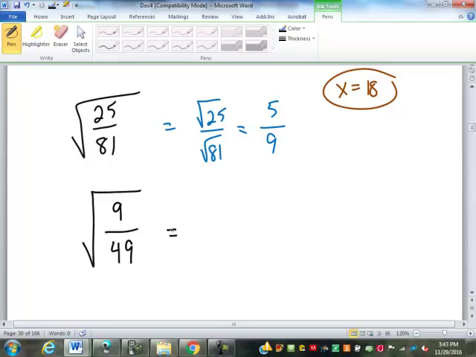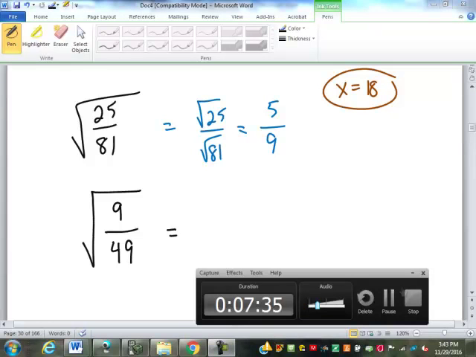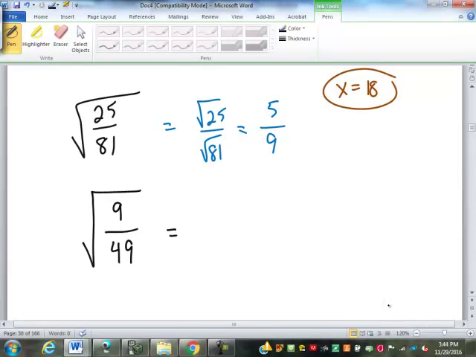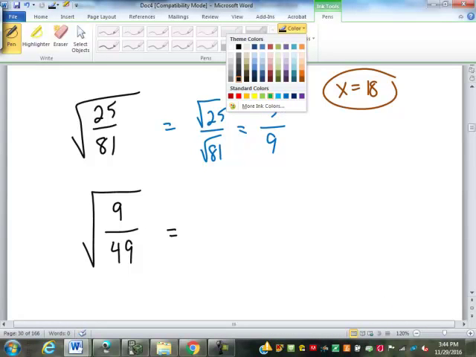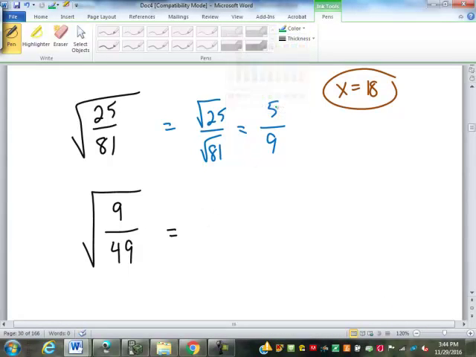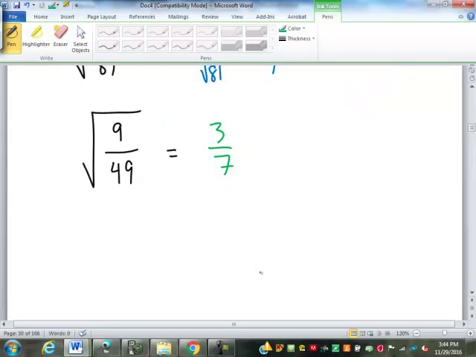So, again, you can split that up and you can do the square root of 9, which is 3, and the square root of 49, which is 7. So 3/7. If you tried to punch that in your calculator, it may have spit out something like 0.42857143.